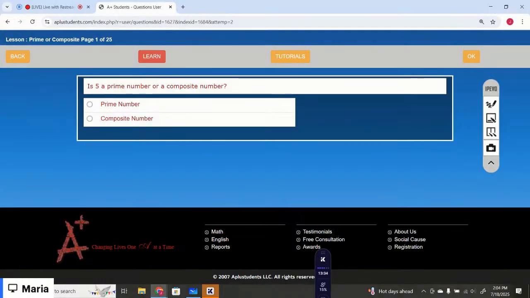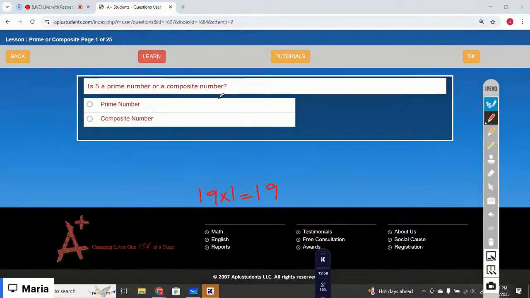Is 5 a prime or a composite number? So let's just look at the factors of 5. 1 times 5 is 5.